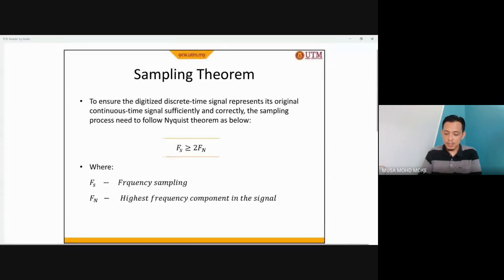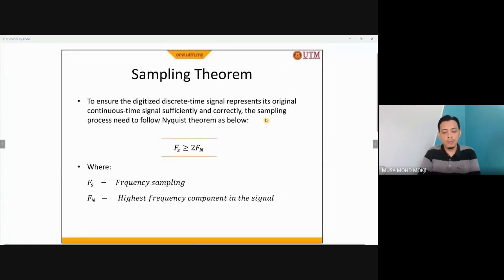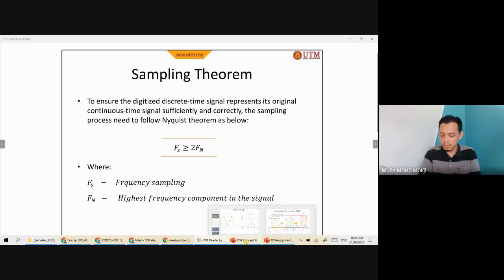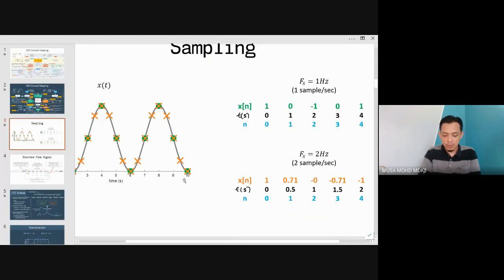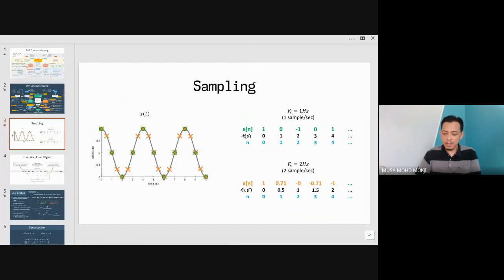And there is a sampling theorem. So how to get enough samples? If we look at this one, do you have enough samples? If we are sampling it using 1 Hertz, is it enough? If we are using 2 Hertz, are the samples enough?